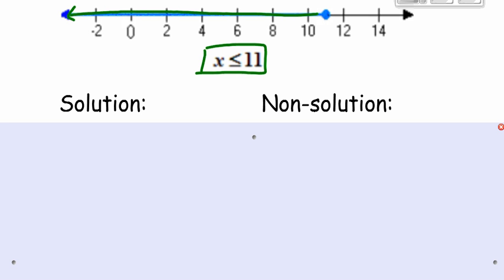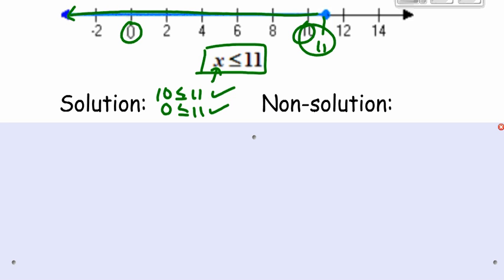Any number that's in the shaded part of the graph, I could plug it in for x, and it would be a solution. For example, if I plug in 10, 10 less than or equal to 11 is true. 0, way down here, 0 less than or equal to 11 is a solution. That's true. So any number I plug in that's less than or equal to 11 is going to be a solution.